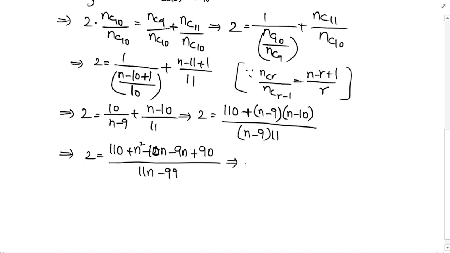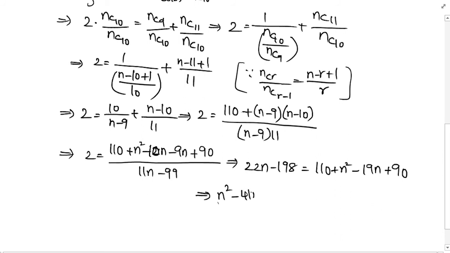That implies 22n minus 198 is equal to 110 plus n square minus 19n plus 90, so n square minus 41n plus 398 is equal to 0.